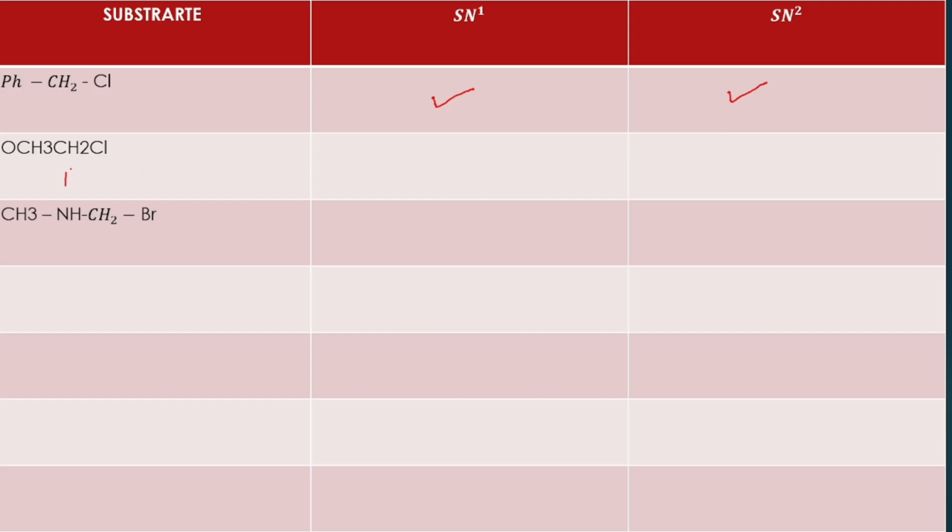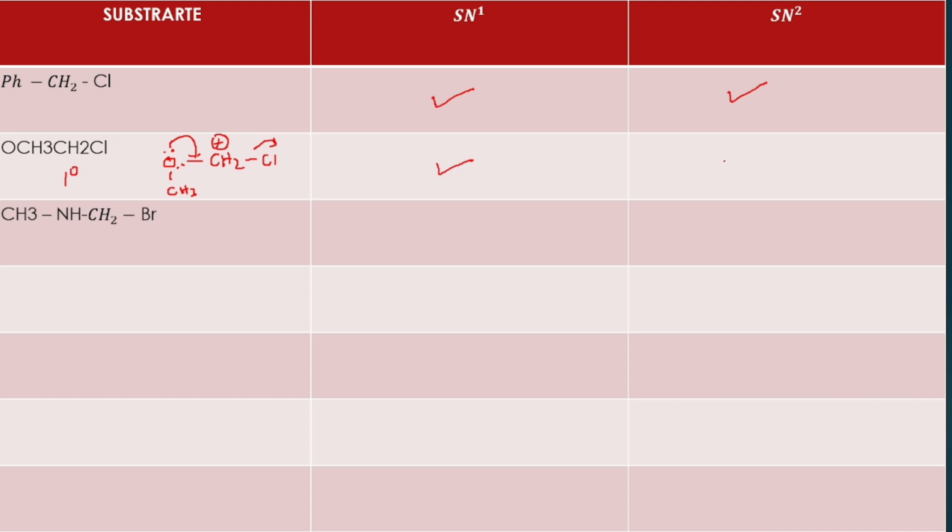This one is primary, SN1 or SN2? Here you see the structure OCH3 CH2Cl. Suppose Cl is going out, carbocation is formed, it is stabilized by the adjacent lone pair, plus R effect. So SN1 is also possible.